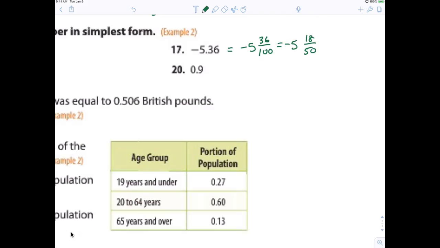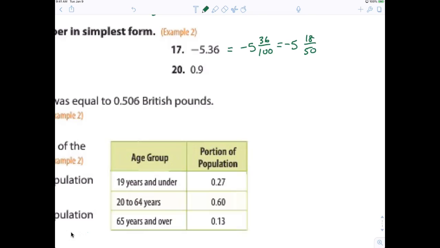And now what do I reduce to by again? 18 over 50 reduces to what? Come on. No. They're both even. Divide by 2.